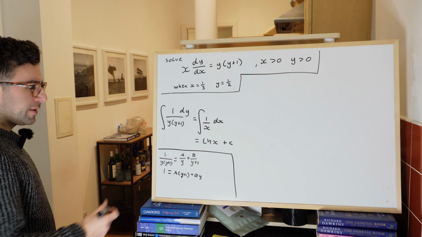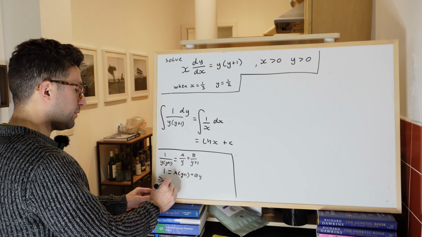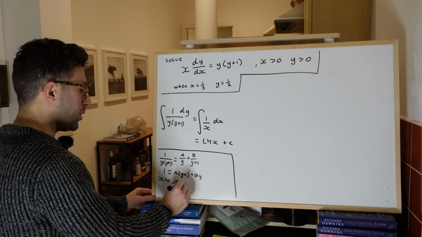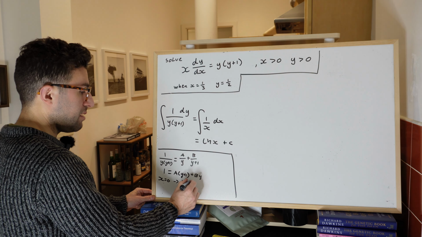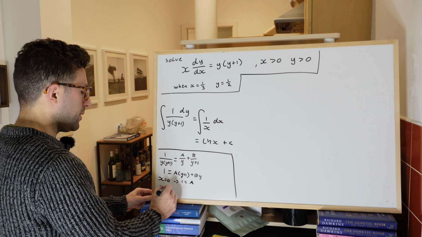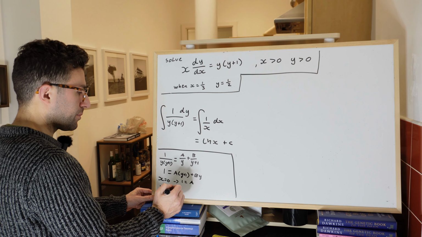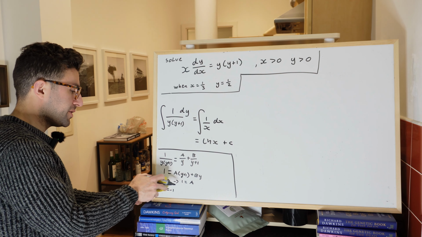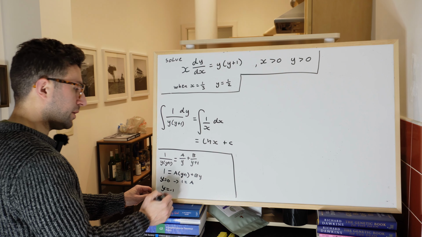Yep, that looks good. Then you want to sub stuff in, so we want to sub in x equals 0. When I do that, I'll get 1 equals, well, that'll go to 0. You just get a. That's quite nice. And then x, want to put in minus 1. Yeah, it's actually y's that we're putting in, not x's. I'll just change that. Yeah, y is 0 and y is minus 1.